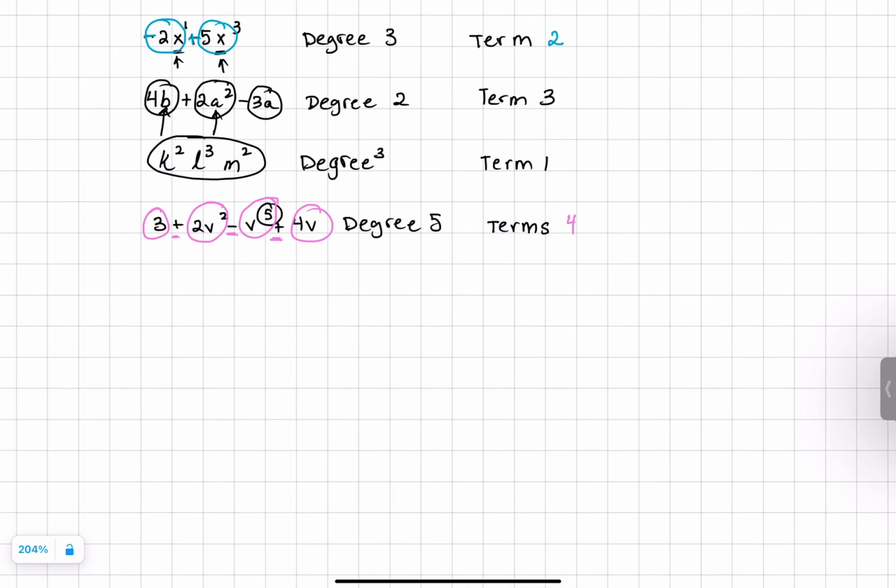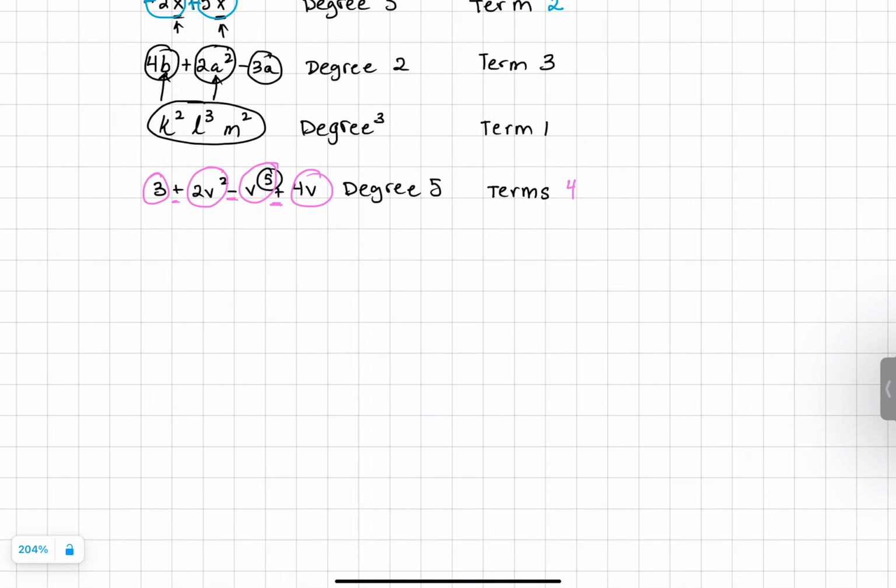So let's go on to our last example. 7x cubed minus 4x plus x squared minus 9. So our degree would be 3. It's the highest exponent. And the number of terms would be 1, subtraction, 1 addition, our third one, and then subtraction, and then our fourth one.